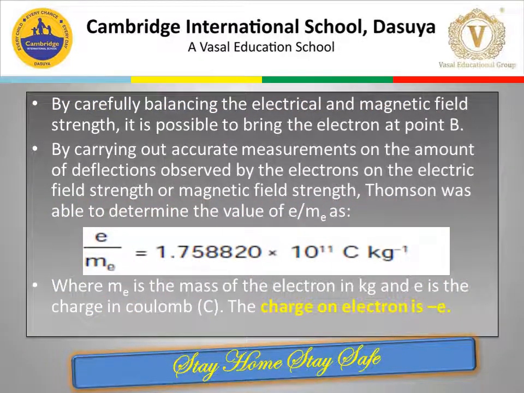Thomson was able to calculate the charge upon mass ratio from the fact that when only an electric field is applied, the electron deviates from its path and hits the screen at point A. Similarly, only in the presence of a magnetic field, the electron strikes the screen at point C. By a careful balance of the electrical and the magnetic field strength, it was possible to bring back the electron to the path followed in the absence of electric and magnetic field.